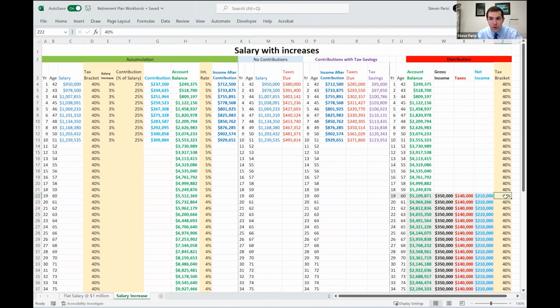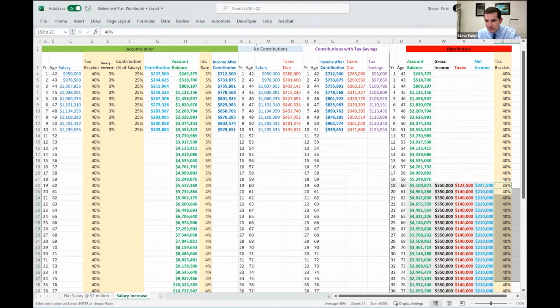So if we're still in a 40% tax bracket, which, by the way, do you have other sources of income in retirement? I would ask that question if I don't know the answer to it already. If the answer is yes, they might still be in a 40% bracket. If that's not likely, we can adjust it. Let's say it's 35% because 350 is a chunk of change.